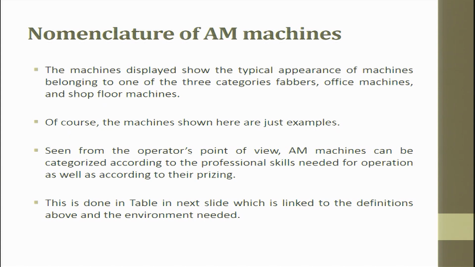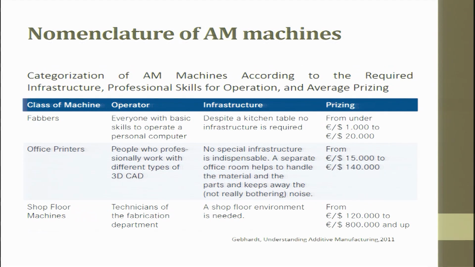So seen from the operator's point of view, additive manufacturing machines can be categorized according to the professional skills needed for operation as well as according to the pricing. So here is a table which further categorizes additive manufacturing machines according to the required infrastructure, professional skill for operation and average pricing. So these prices are all tentative.